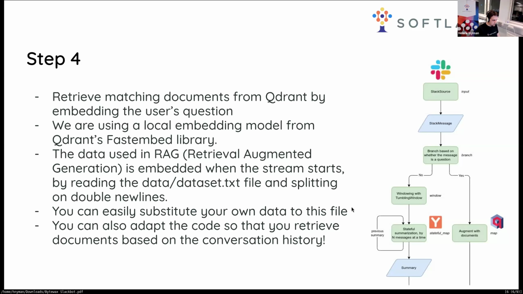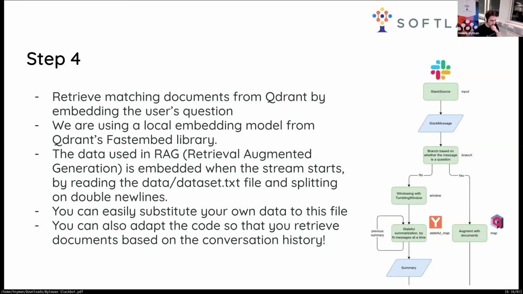We are using an in-memory version of Qdrant here, so we are not having a full instance of the vector database running, but storing those on the client side, which means each time we start the stream, we need to recalculate all those embeddings.